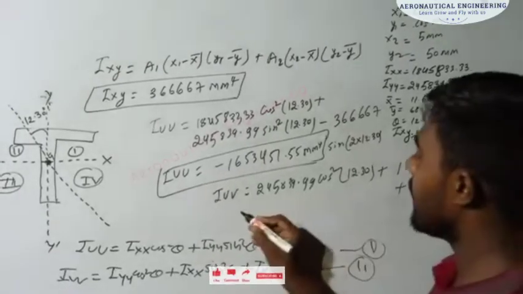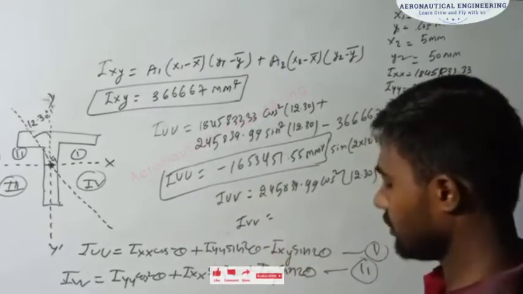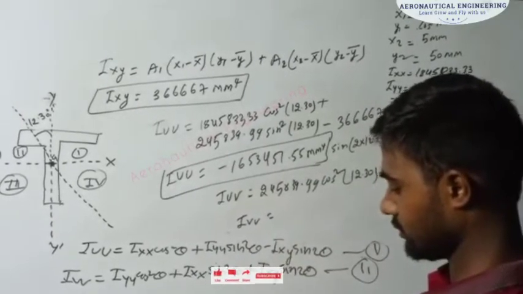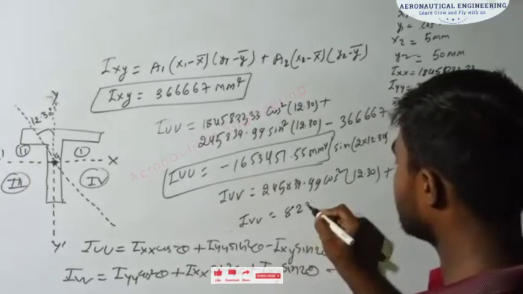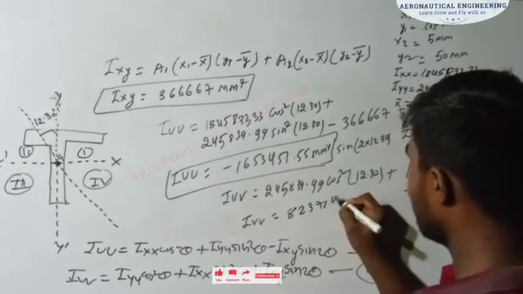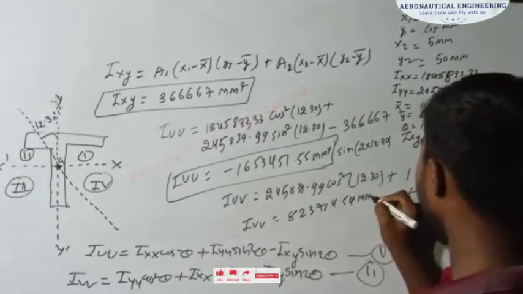After calculating this value, we get IVV equal to 823714.54 mm^4.